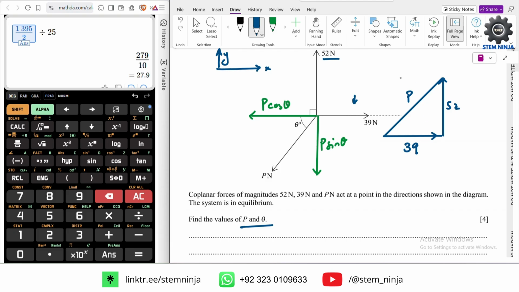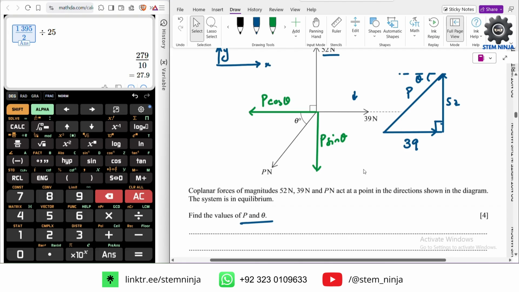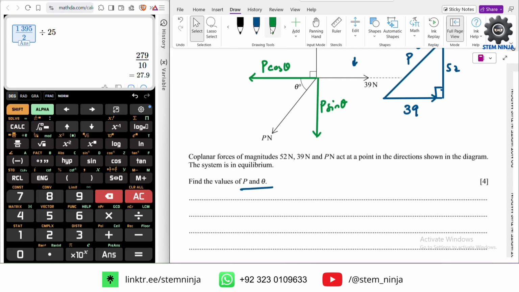Right. So this is your theta that we need to find out, and we know that the angle between the 52 newton force and the 39 newton force is 90 degrees. So let's try both methods. Both of them have their pros and cons. So let's try the resolved one.